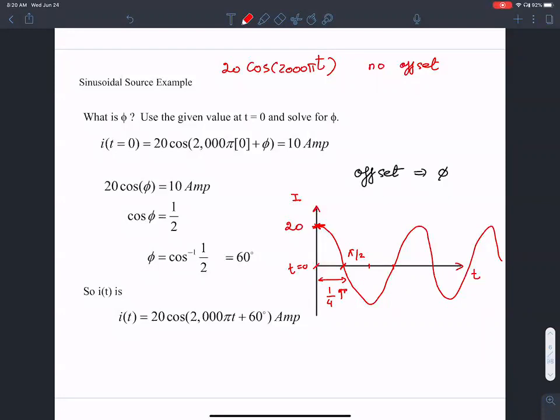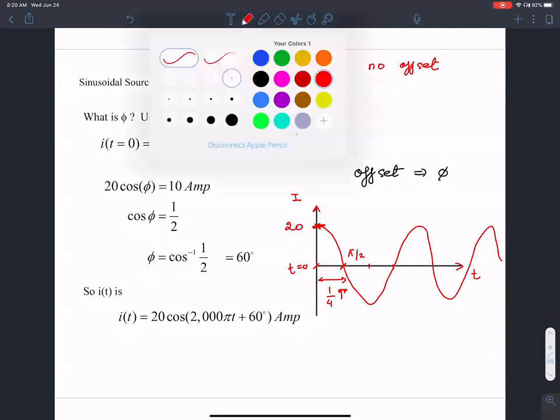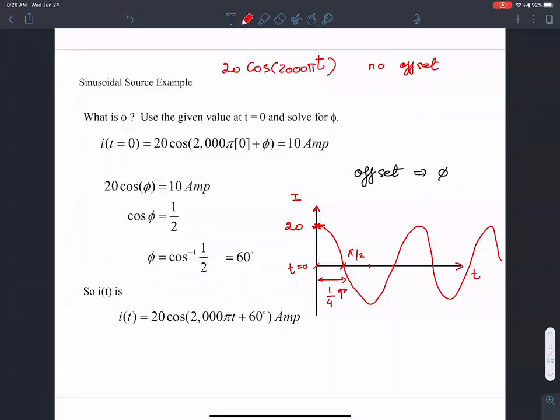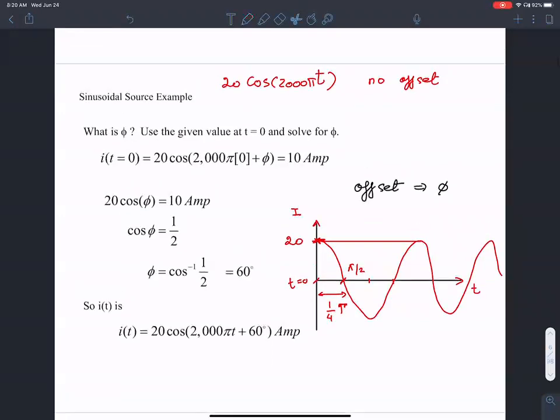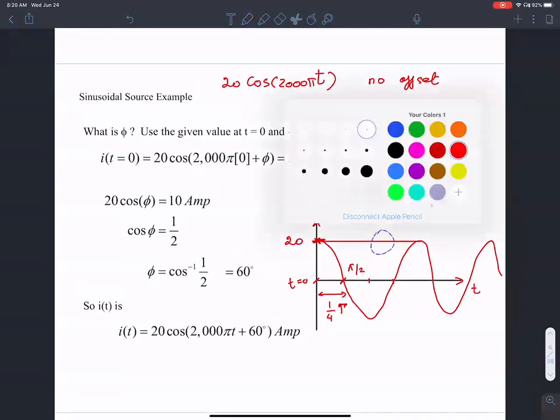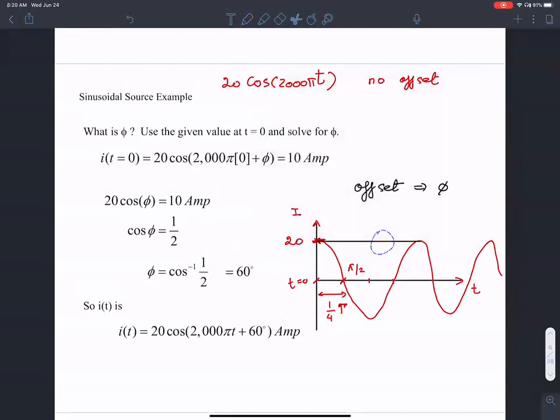This is your time period. Half of that is from positive peak to negative peak.